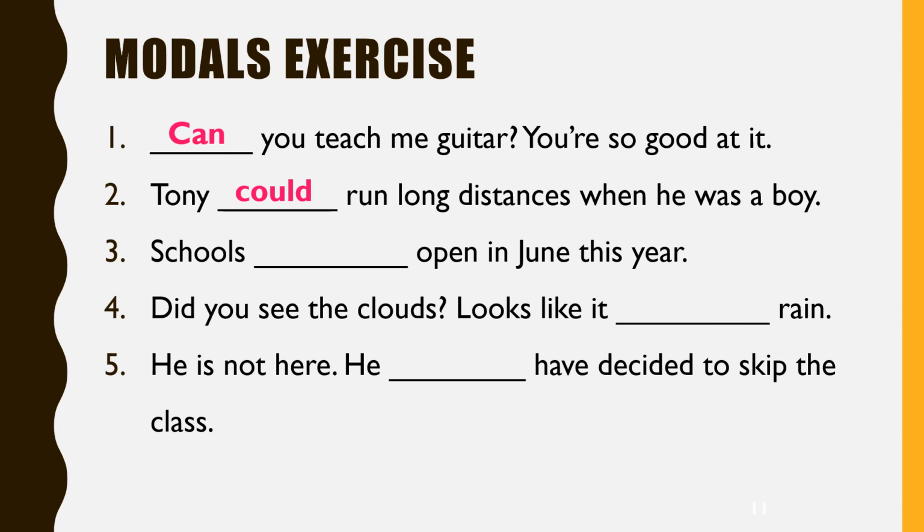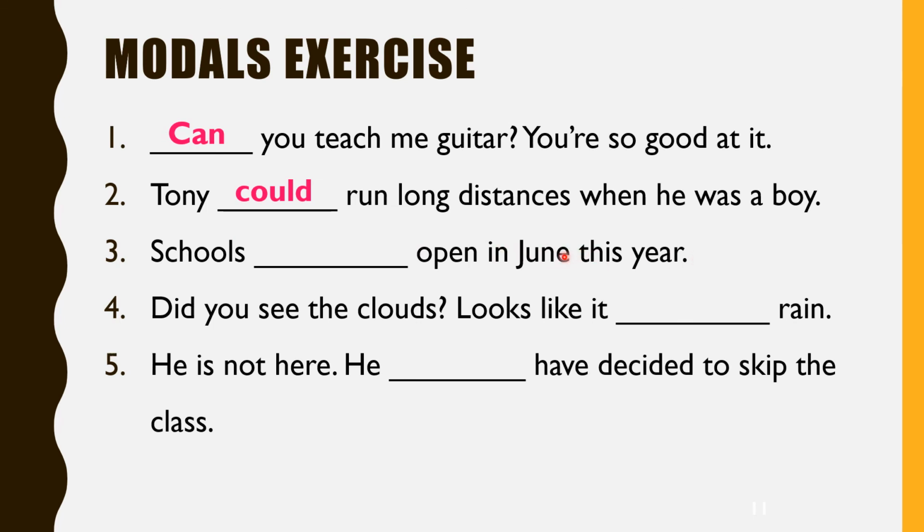Now, the second answer, anyway, we know the answer because the second sentence says he was a boy, so it's past and it's ability in the past because Tony could run, so we have used could. The third one, schools blank open in June this year.